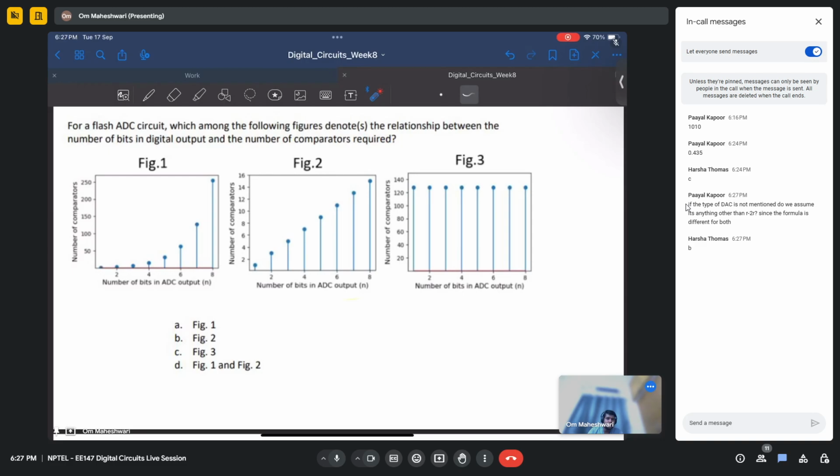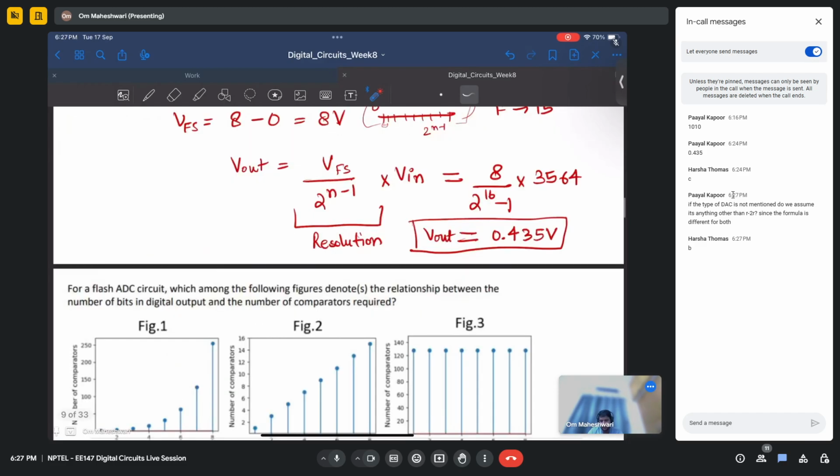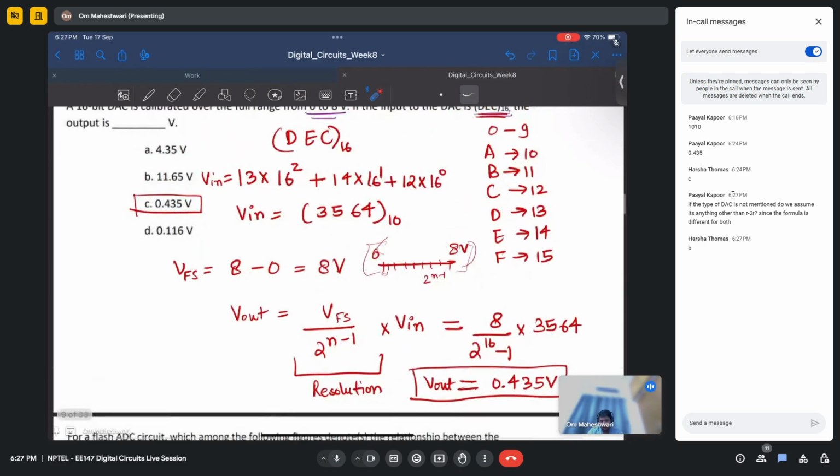Payal has a question. If the type of DAC is not mentioned, do we assume it anything other than R2R, since the formula is different for both? Yeah, you can assume it anything other than R2R. Anyways, for this question, it would not matter much whether you take 2 to the power 16 or 2 to the power 16 minus 1.